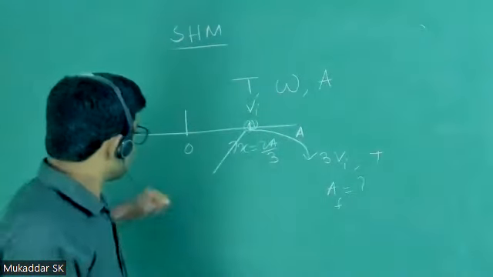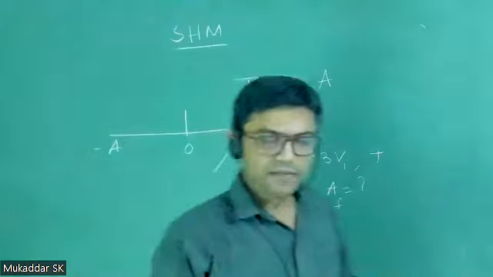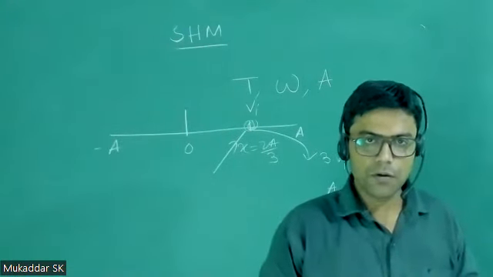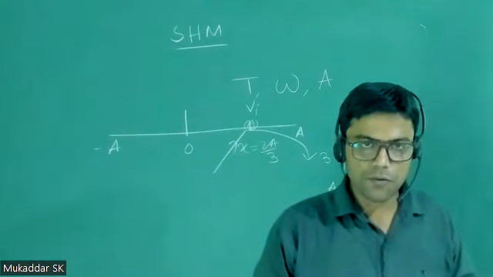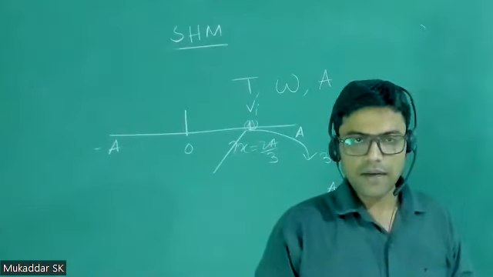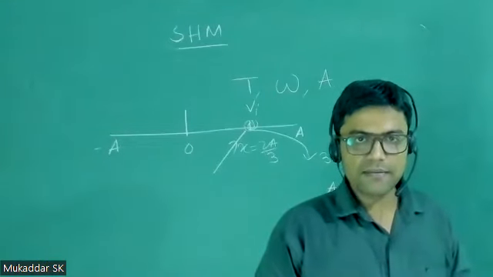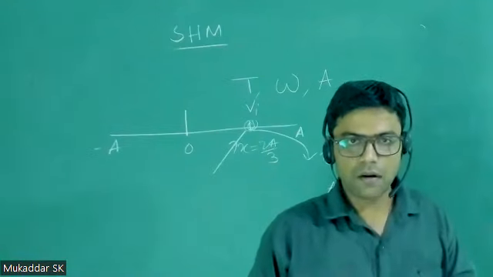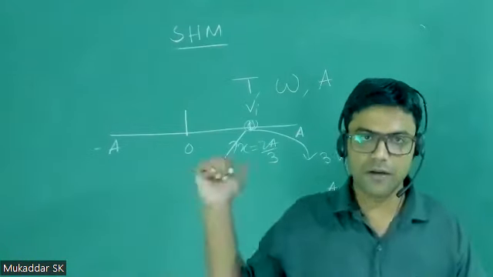So you have a particle that is executing simple harmonic motion. T is the time period, A is the amplitude, and omega is the angular frequency. When the particle is at x equals 2a by 3 from the mean position, the velocity of the particle is vi.